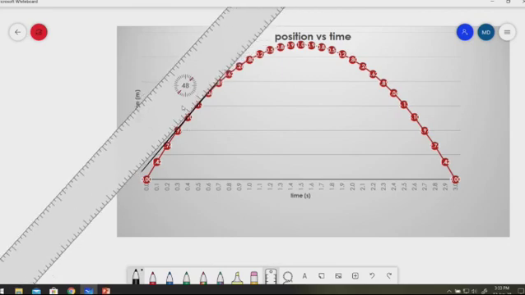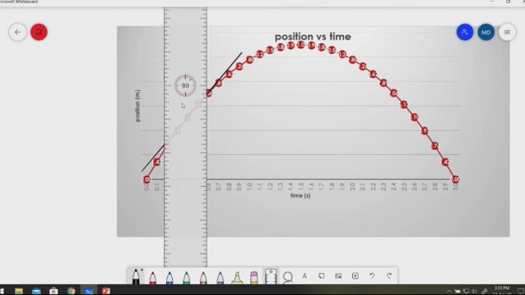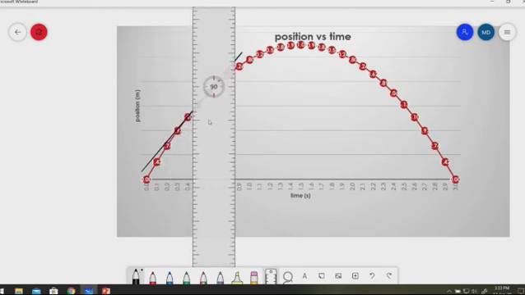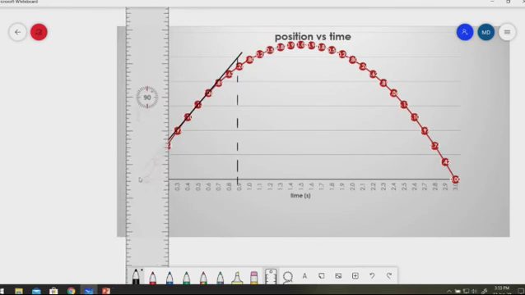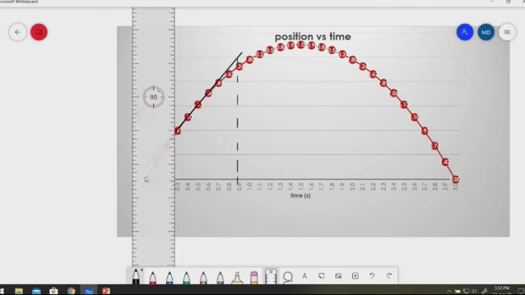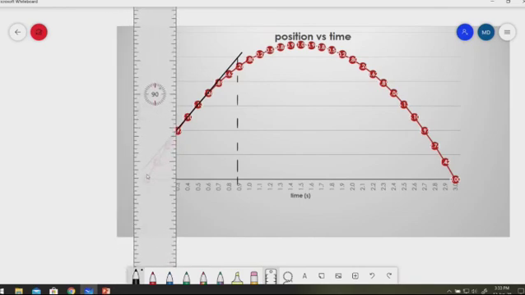So, to calculate a velocity, we need to have a y1 and x1 and y2 and x2. So I am going to just take this line and extend it down, and I'm going to pick 2 points, one either side of 0,5. That one looks like it's pretty close to a line.